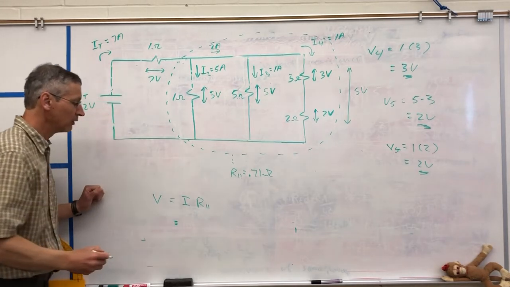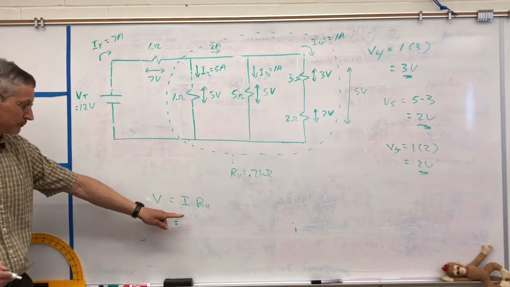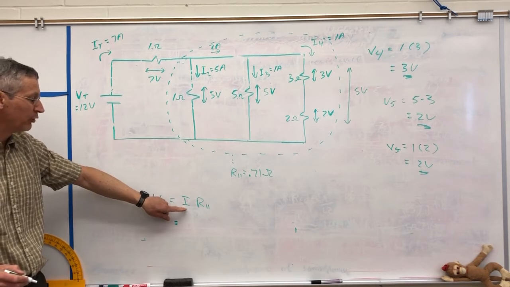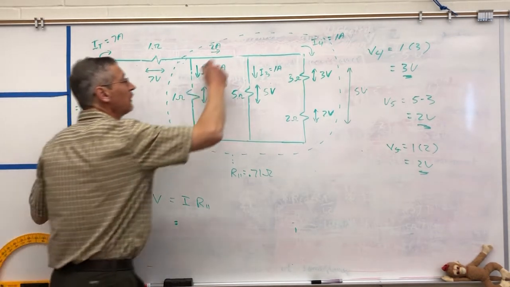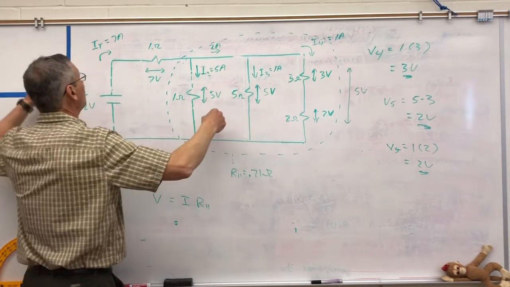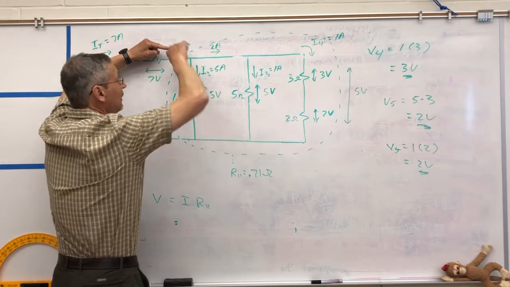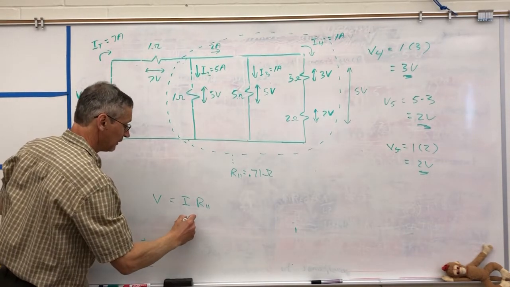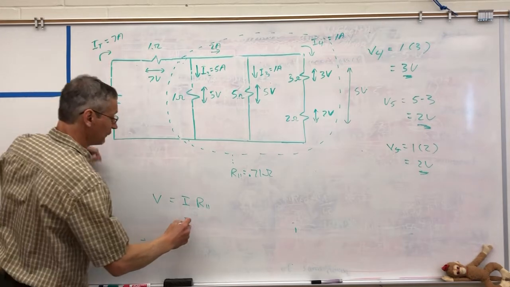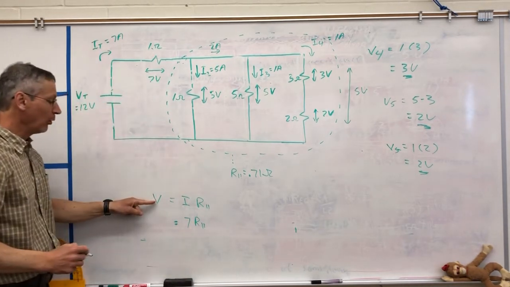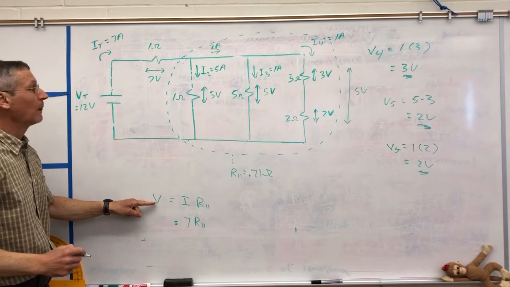What do you figure? Remember, if you're doing Ohm's law, the current has to be the current through the resistance. So if you treat this as one big resistance, what's the current through it? Well, you've got 7 amps coming in and 7 amps going out. So your current would be IT, this 7 amps. What voltage would you be using?